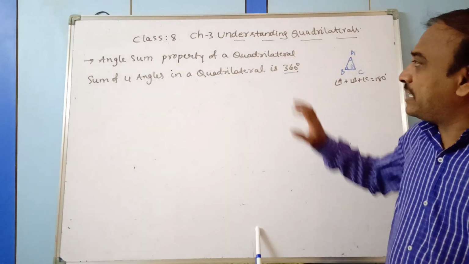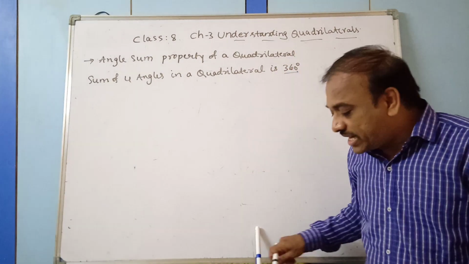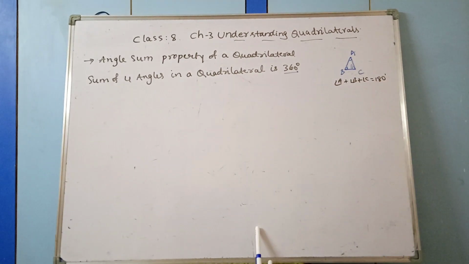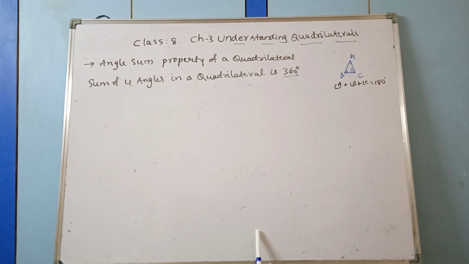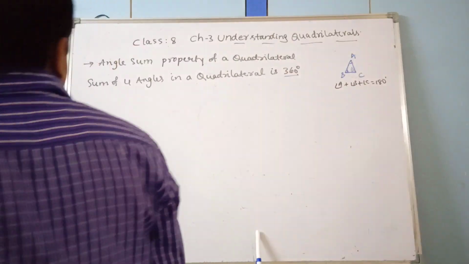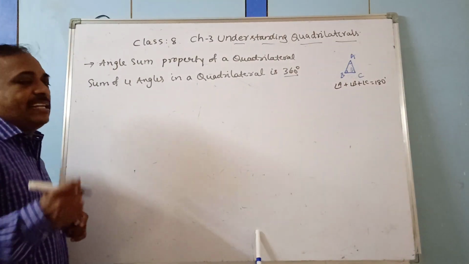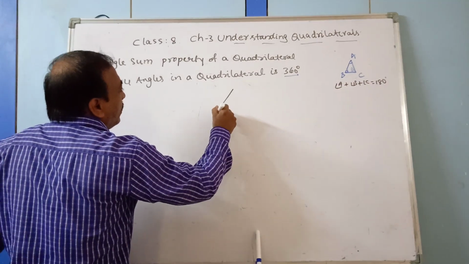So now we are going to discuss the sum of the four angles in a quadrilateral. The sum of the four angles in a quadrilateral is 360 degrees. How is it going to be 360 degrees? So let us draw a quadrilateral.